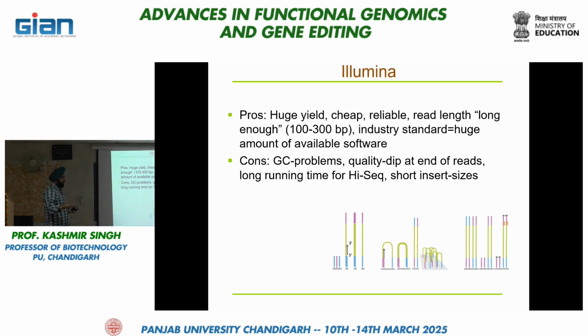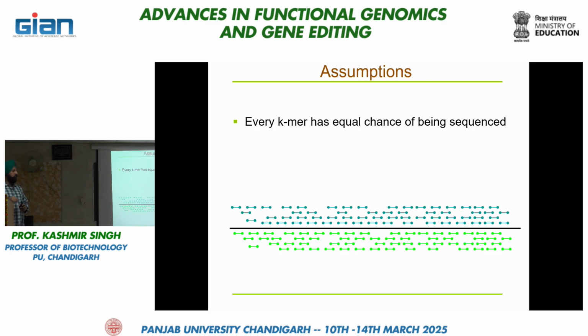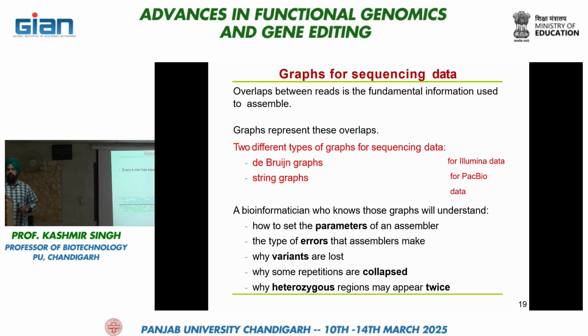Then the big cluster has a higher probability of more reads being sequenced compared to the cluster with low reads. But we don't assume that. We want each k-mer fragment to have an equal chance of being sequenced.